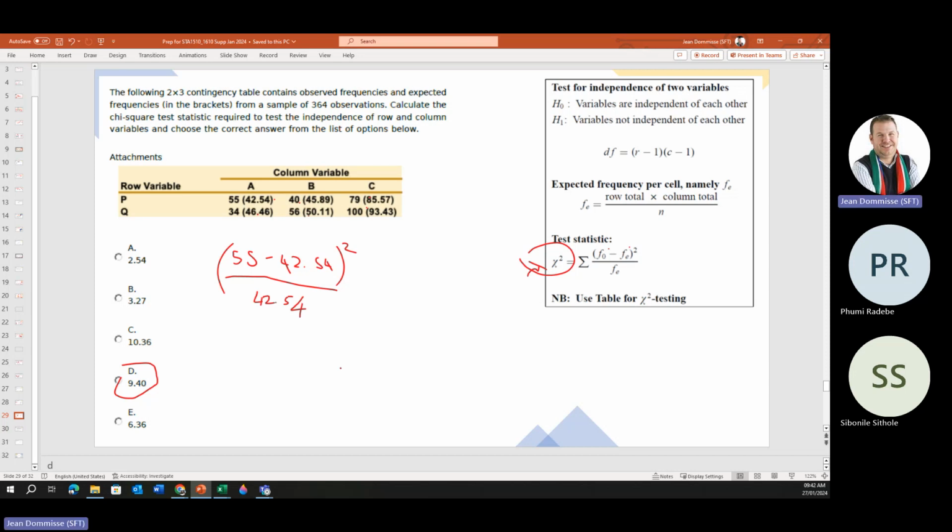So again, the chances of an error coming in is very high if you need to do this in a manual process.